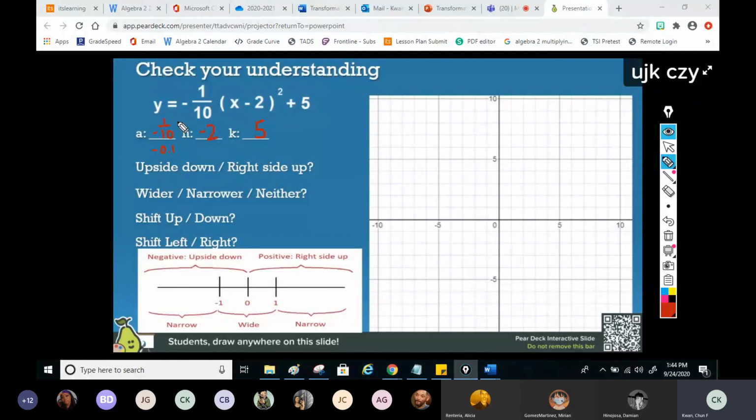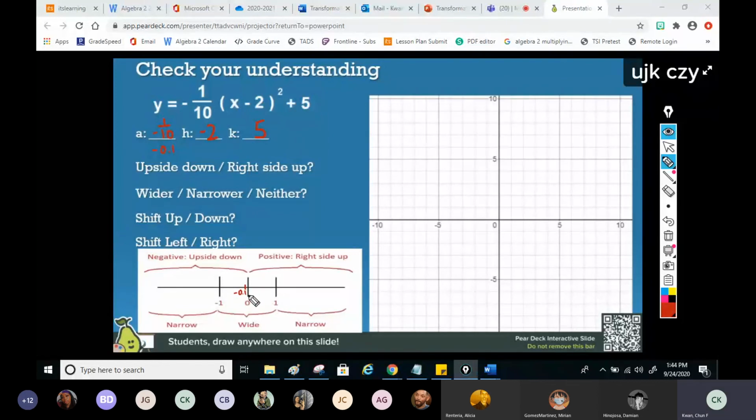So negative 110, a couple of you guys couldn't find it. Negative 110 is going to be right here, okay? It's not yet at the 0, but it's a little bit past the 0 to the negative side right here. So this is negative 110, or someone can put negative 0.1.